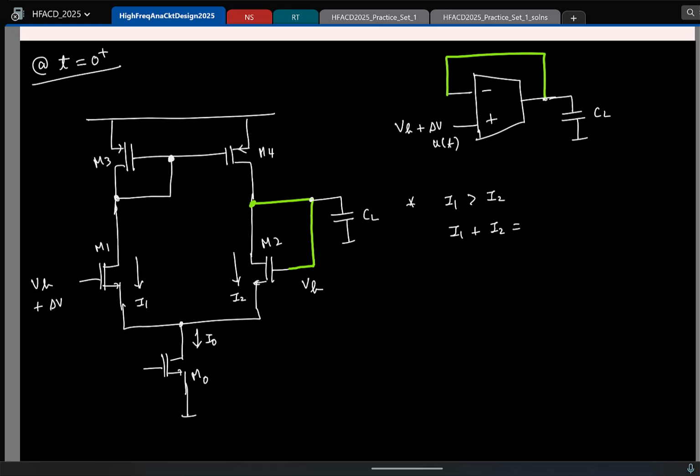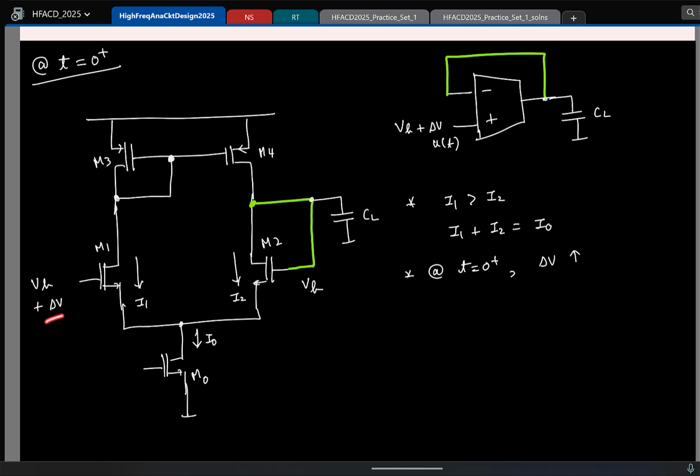That is fixed by the current source I0. Which means if I1 is increasing, I2 has to reduce to keep the sum a constant I0. Okay. So now let's say at 0 plus, again this is all at t equal to 0 plus, if I keep increasing delta V, what will happen to I1 and I2?